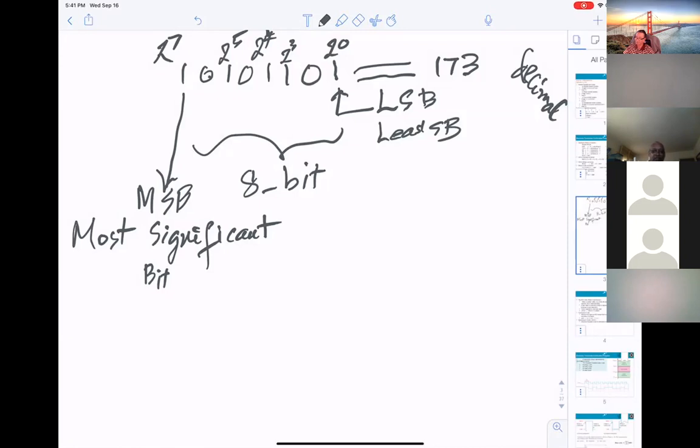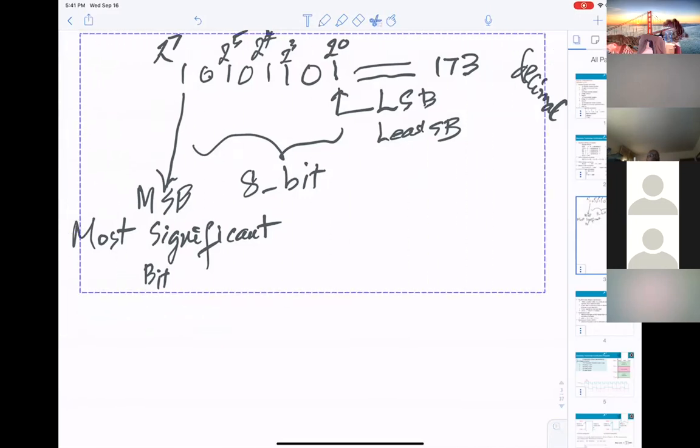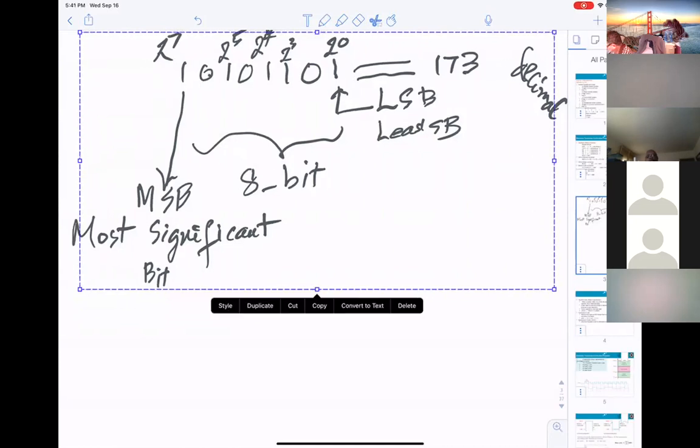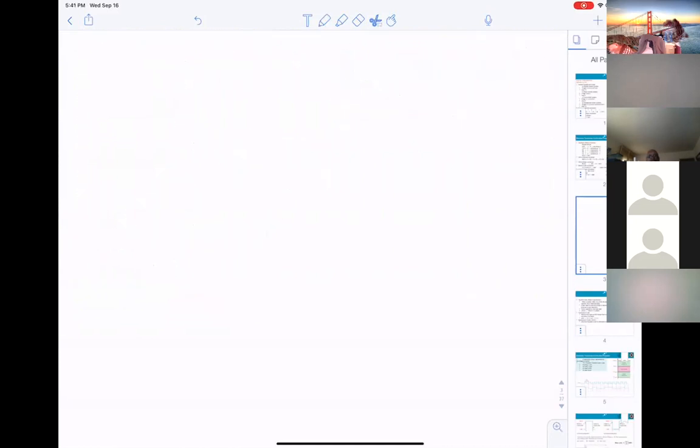Okay? This, I said, is very, very basic. When I give you the binary, you want to convert it to decimal. Okay, now, how do you tell the computer to do something for you?